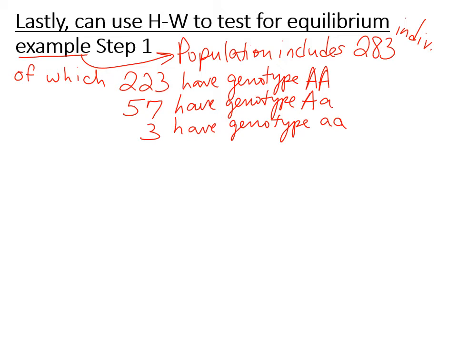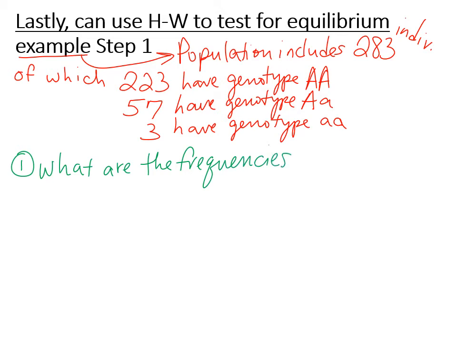Now, the first thing you're going to want to do when trying to figure out if this population is in Hardy-Weinberg equilibrium is ask yourself, what are the frequencies of these genotypes?